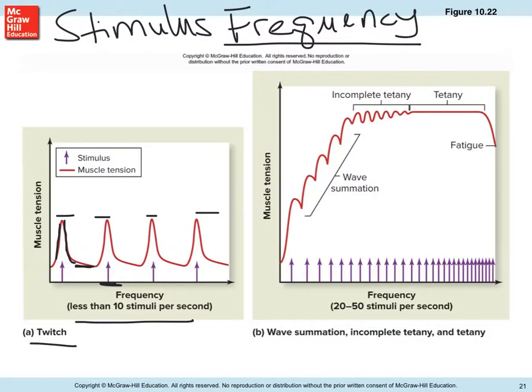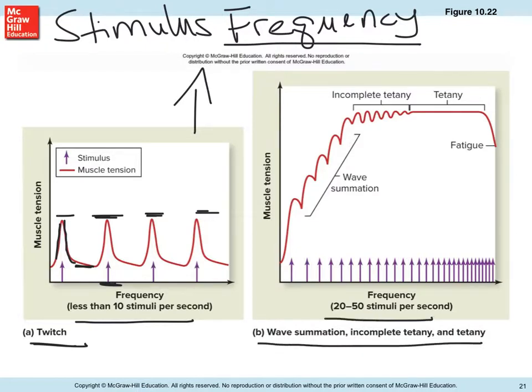So you're applying the frequency at such a slow rate that you're not seeing any kind of change in the size of the tension associated with the twitch.